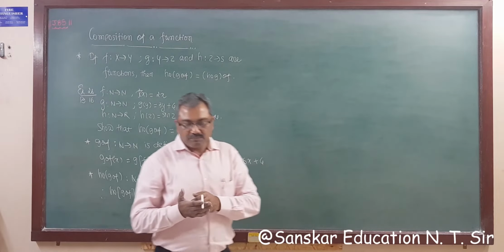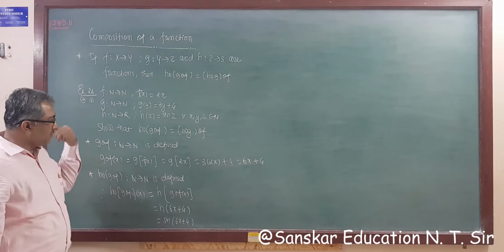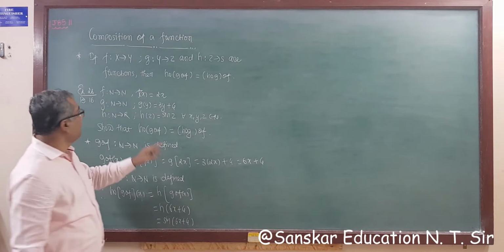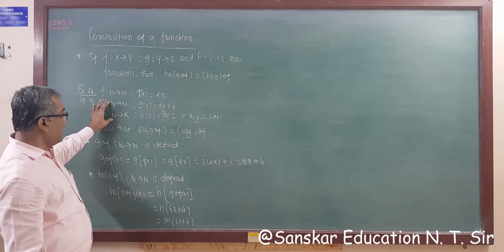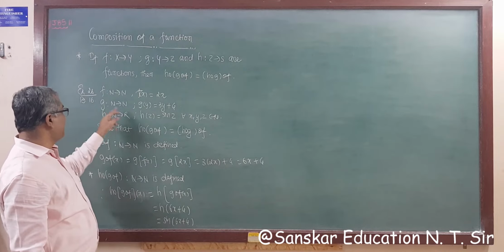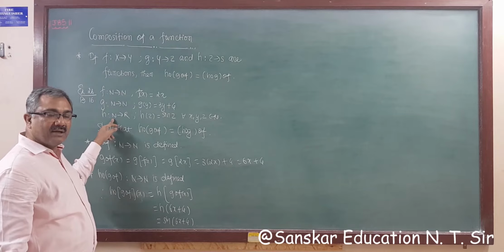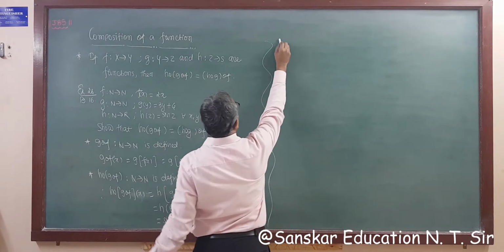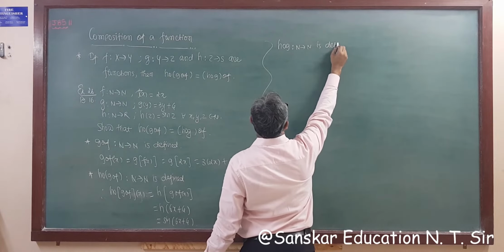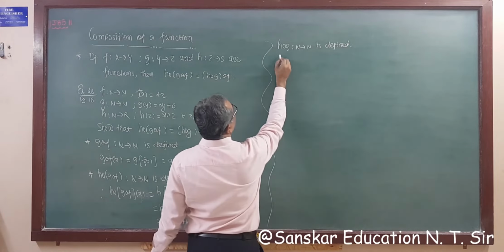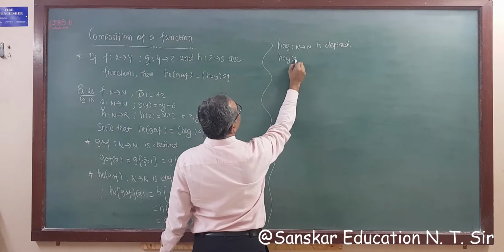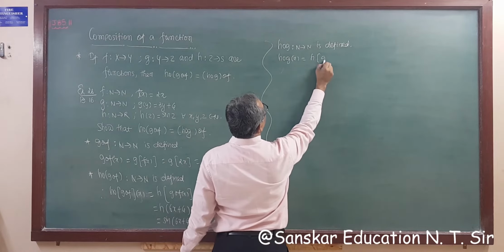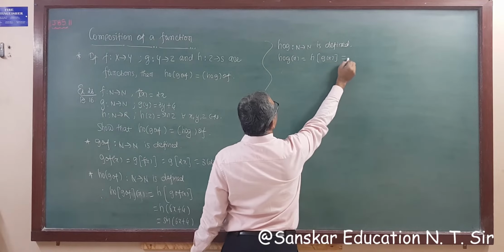Now we have to find h over g. The range of g is N, and the domain of h is N, so it's already defined. So h over g is defined from N to N. So h over g of x is equal to h of g(x), equal to h of.